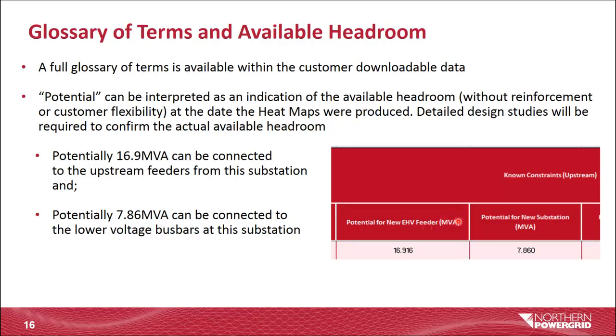Detailed design studies are always required, but in this example below, potentially 16.9 MVA can be connected to the upstream feeders from this substation. So if it was a 33 to 11 primary substation, potentially 16.9 MVA could be connected to one or both feeders. And at the lower voltage bus bars, potentially 7.86 MVA could be connected to the 11 kV side of that primary substation.